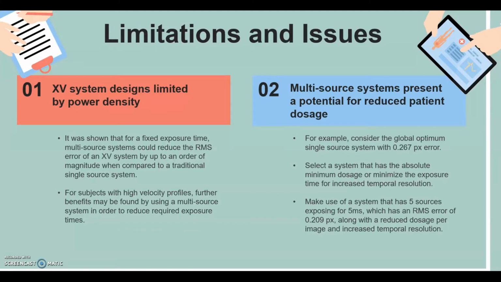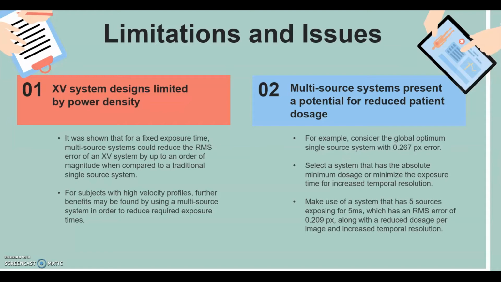Limitations and issues. XV system design is limited by power density. It shows that the fixed exposure time multi-source system can reduce the RMS, root mean square, error of the XV system by up to an order of magnitude when compared to the traditional single source system. For subjects with high velocity profiles, further benefit may be found by using a multi-source system in order to reduce the required exposure time.